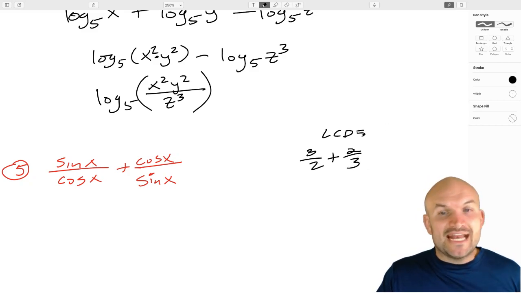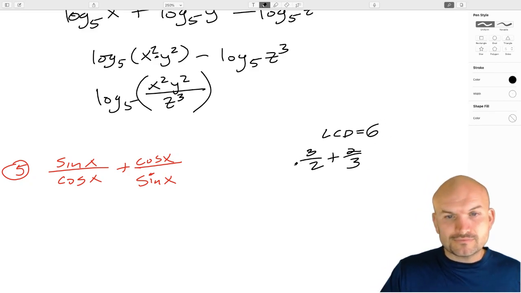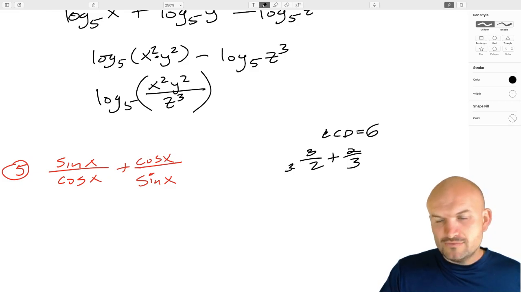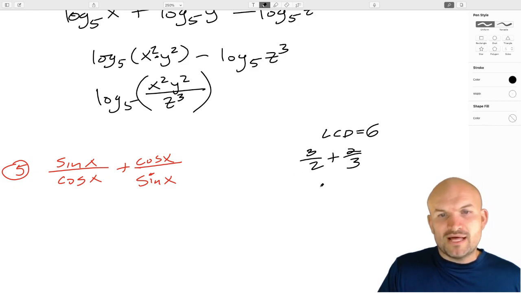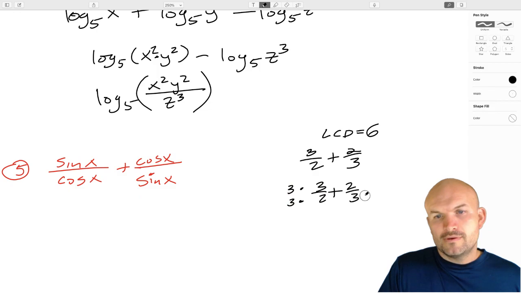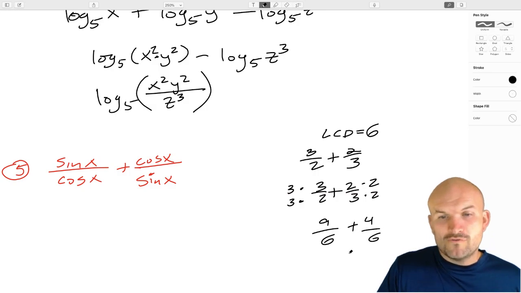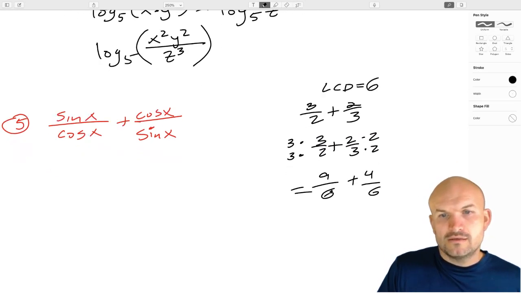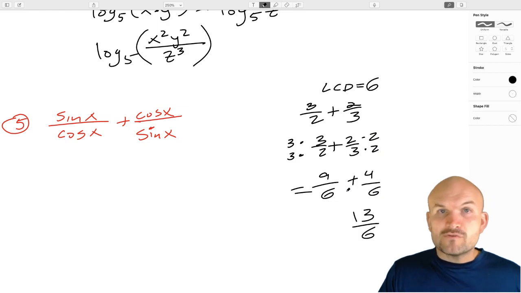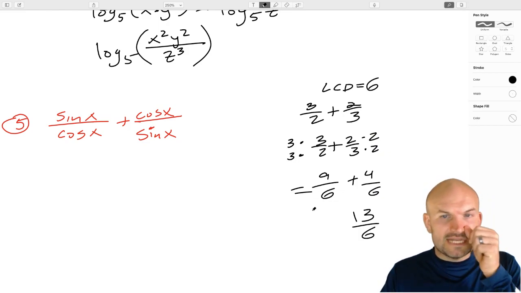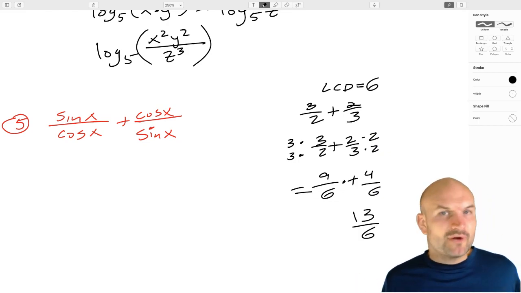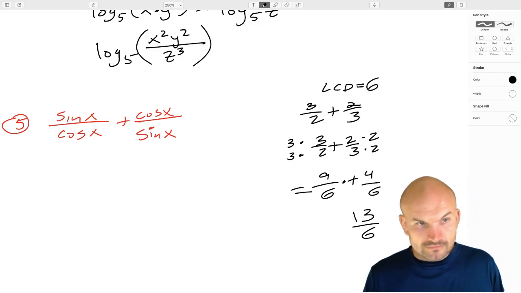They don't divide into any other number before the number 6. So basically now what I do is I'm just going to multiply by a 3 on the left-hand side and a 2 on the right-hand side. Therefore, I have a 9 over 6 plus a 4 over 6, which gives me a 13 over 6. So you obtain common denominators, and then you just apply the operation to the numerator.